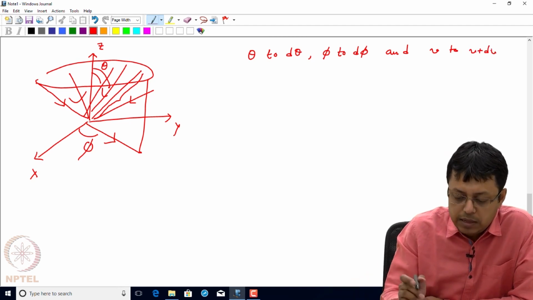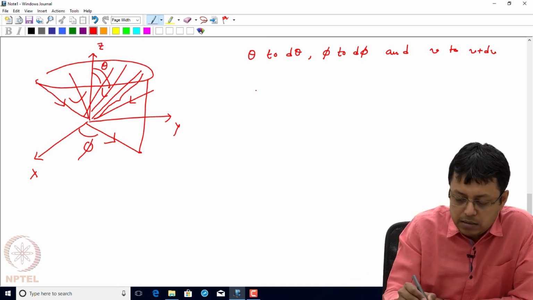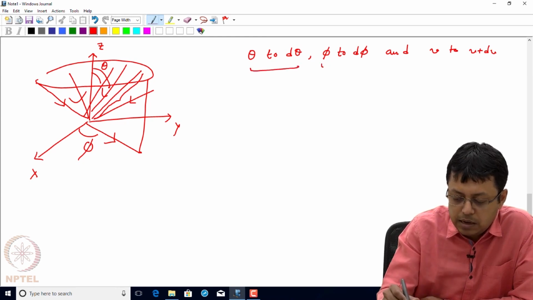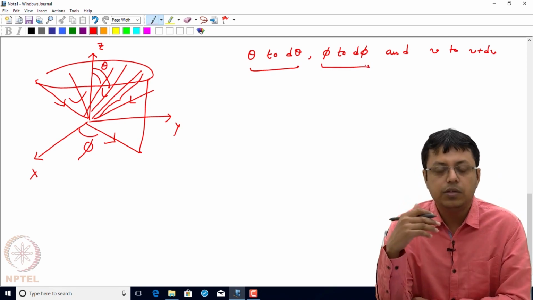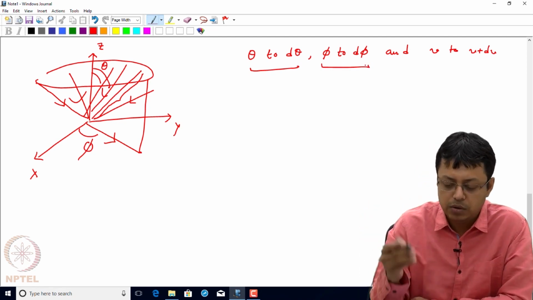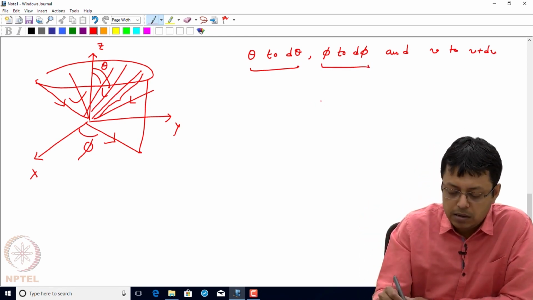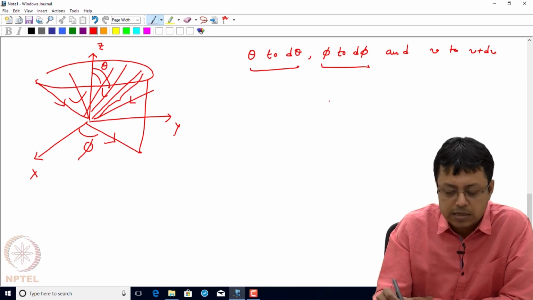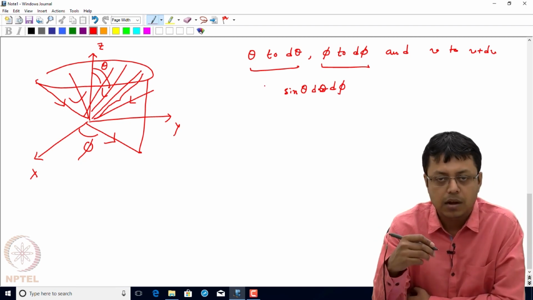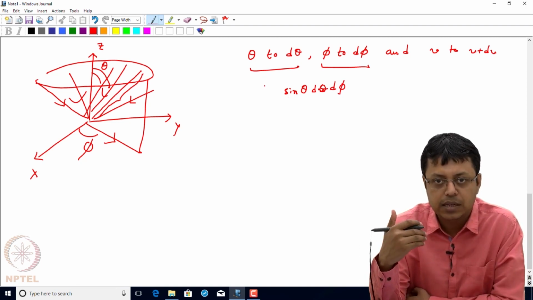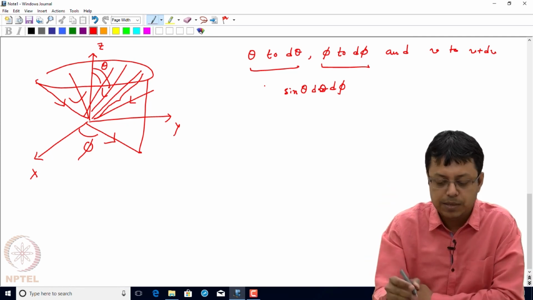Now we already know that for theta to theta plus d theta and phi to phi plus d phi, if we rotate our vector, then we generate a cross-section area, and we know from the knowledge of our spherical polar coordinate system that this area comes out to be sine theta d theta d phi, with an r squared thing, but then actually there is nothing called r, it's actually a velocity space we are talking about.